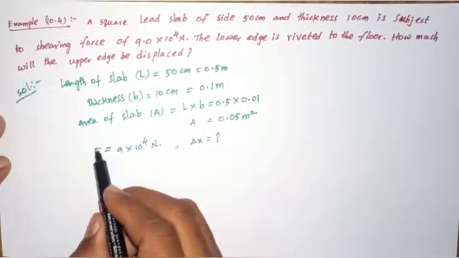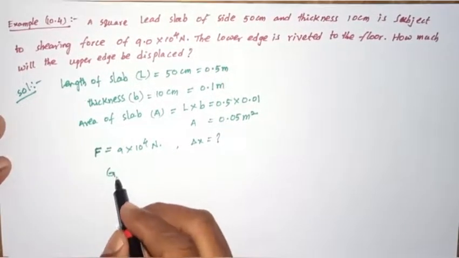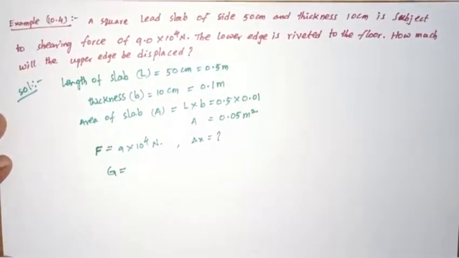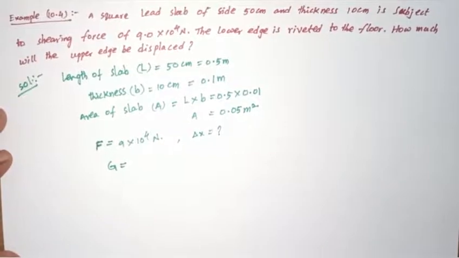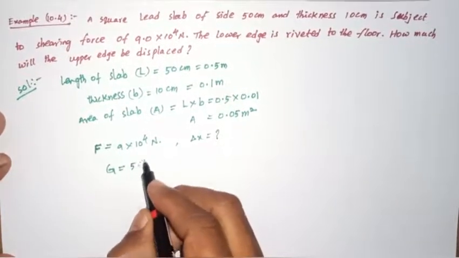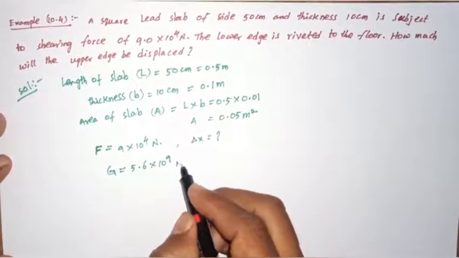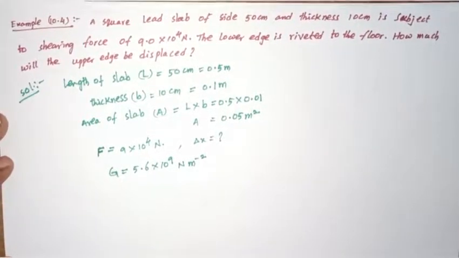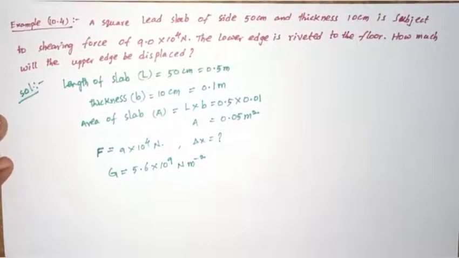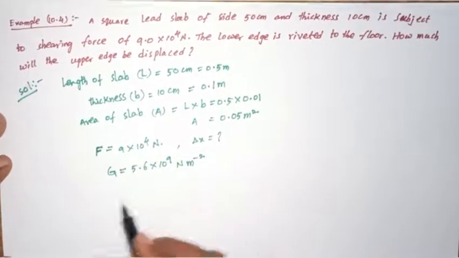Here the modulus of rigidity G for lead, from the table, is 5.6 into 10 to the power of 9 newton per meter square. So we can find out delta x.